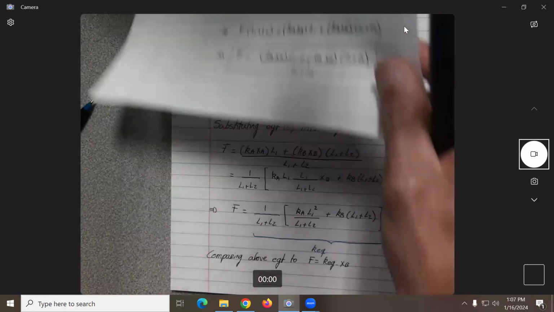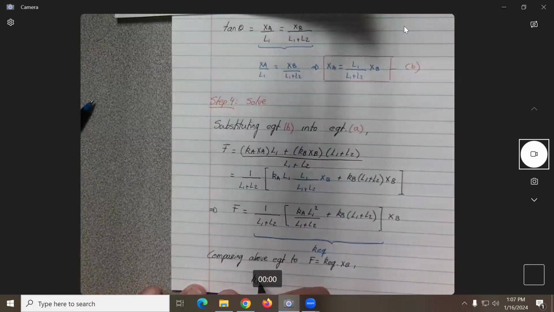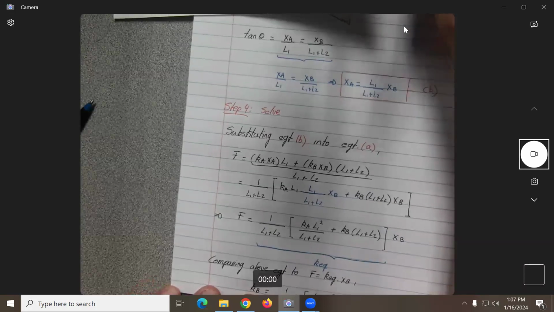On the figure, we found that K equivalent will be equal to 1 over L1 plus L2 times K sub A L1 square over L1 plus L2, plus K B times L1 plus L2.